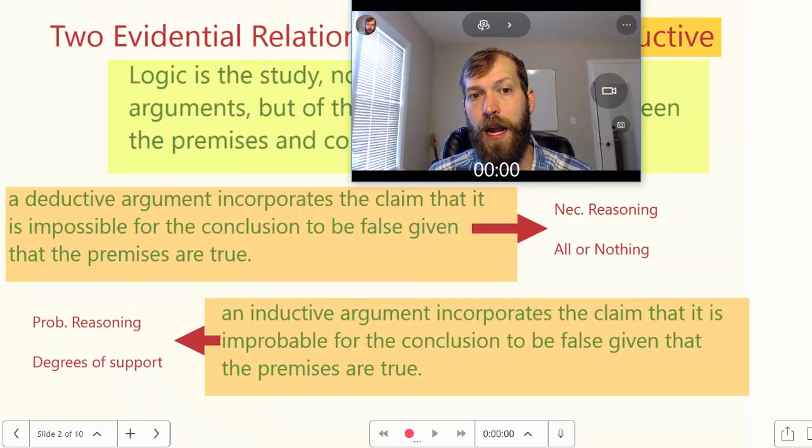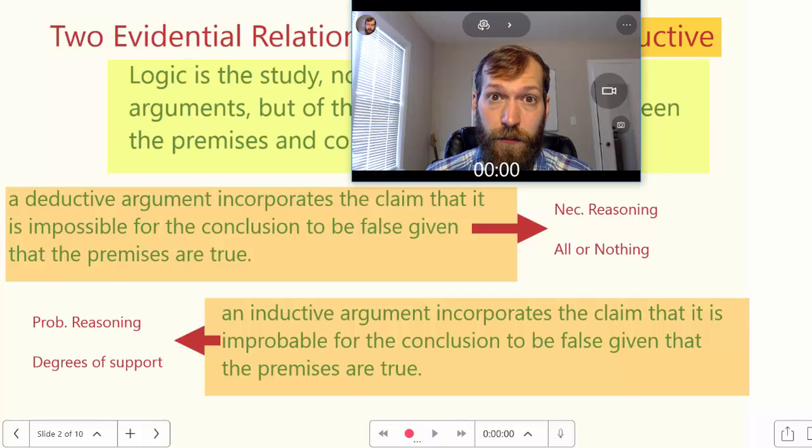So the premises are our factual claim, and in a deductive argument, what it's trying to suggest is if we end up accepting these premises, so we let our scientists or historians or whoever tell us that these premises are true, if they tell us that these premises are true, you're going to have to accept the conclusion on pain of irrationality, because the conclusion is going to be guaranteed from that.